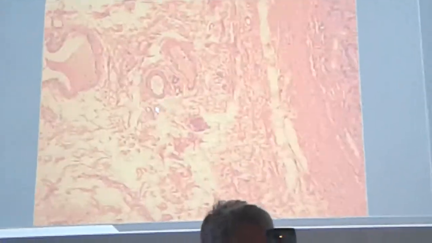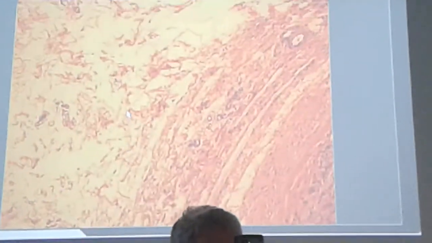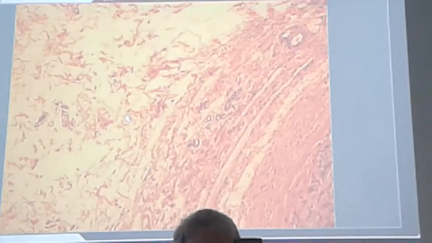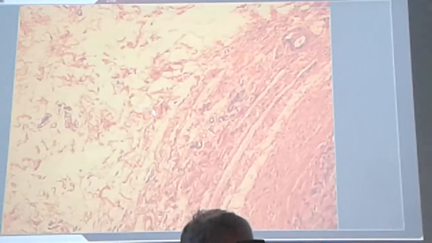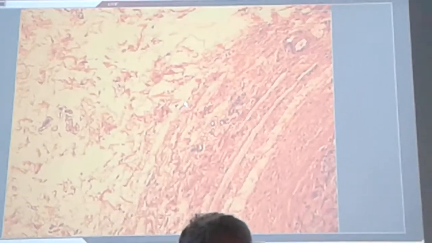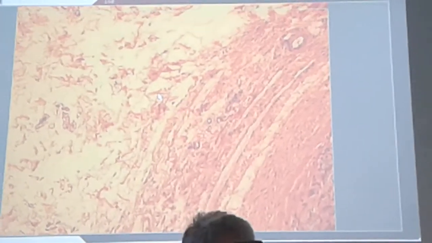Here, the submucosa still has some blood vessels and some neuronal sections as well. You can remember that those neuronal endings in the submucosa are called the Meissner plexuses.